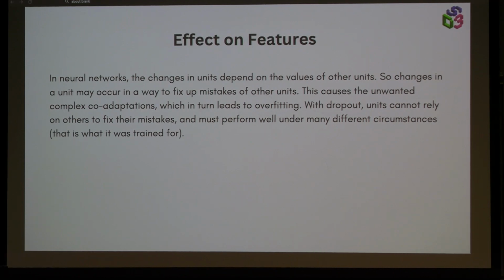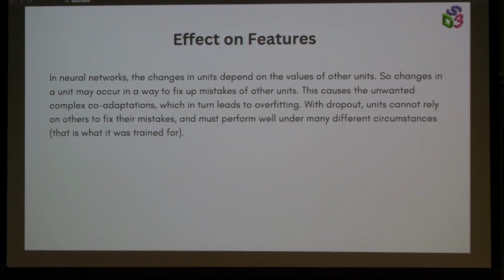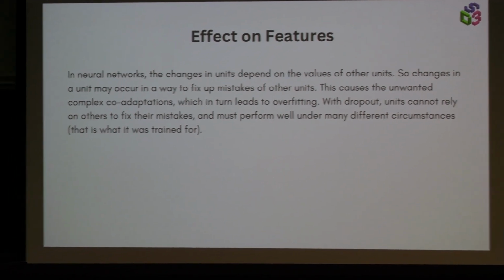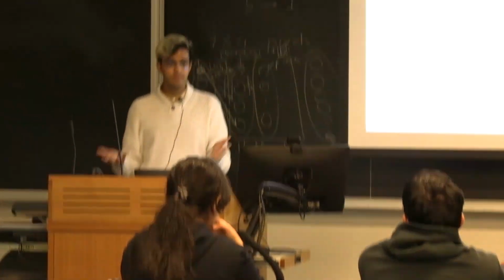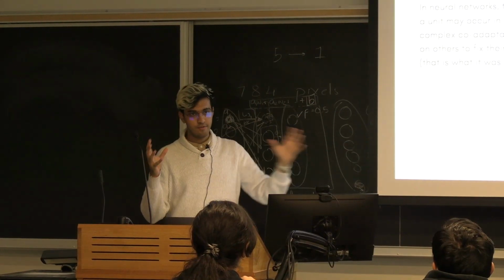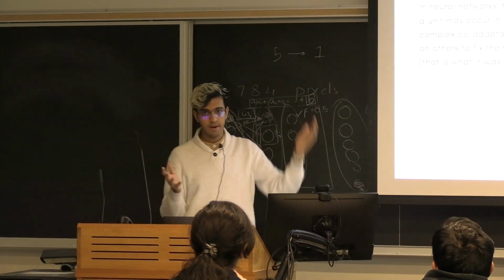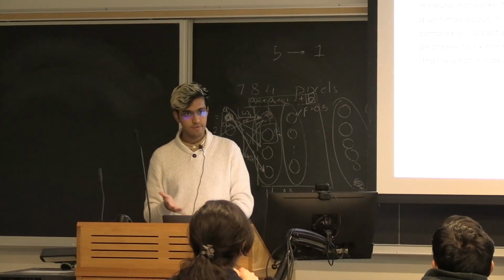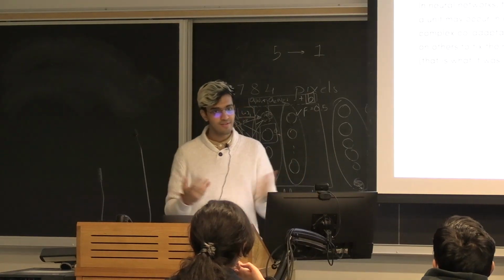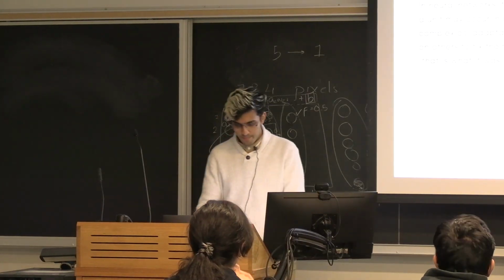Going back to the gene analogy, these are genes learning to do very specific things, right? We don't want this. So these unwanted co-adaptations cause overfitting. With Dropout, you can't rely on other units fixing your problem because those might not exist in a particular training set. So they never learn to rely on others, right?